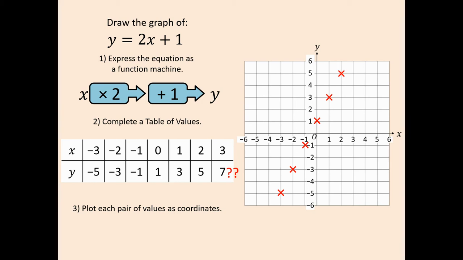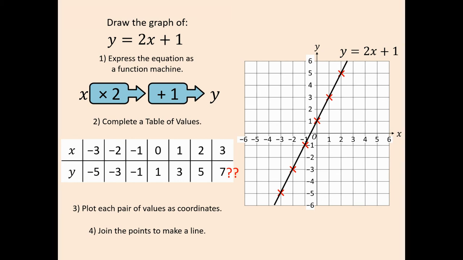Okay, good point here. Look what it says, 3, 7. On my grid, it only goes up to 6. So what do I need to do? You just join the points together that you have already. So 3, 7, I can't fit on my graph because my y-axis only goes up to 6. That doesn't mean you're wrong. It just means you can't plot that point on that particular grid.